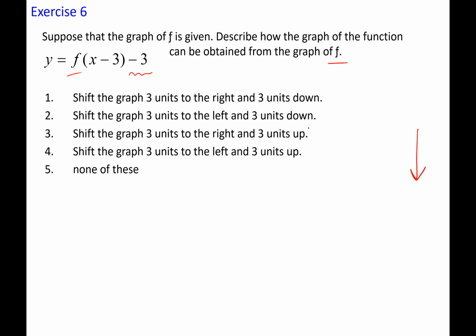And when we subtract the value from x, this means that we are moving to the right. It's a little bit different, but it means we will shift the graph 3 units to the right, 3 units down.